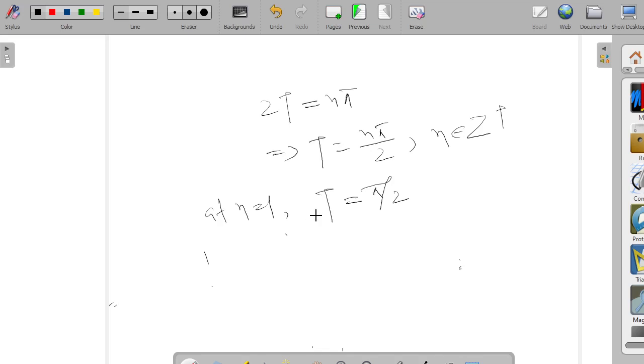f(x plus t) should be equal to f(x). So we have our h(x plus pi by 2) equal to mod of sin of (x plus pi by 2) plus mod of cos of (x plus pi by 2).